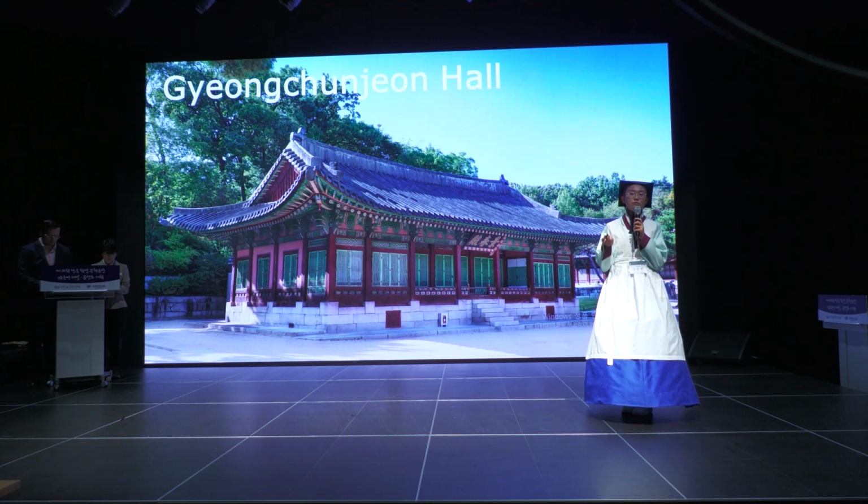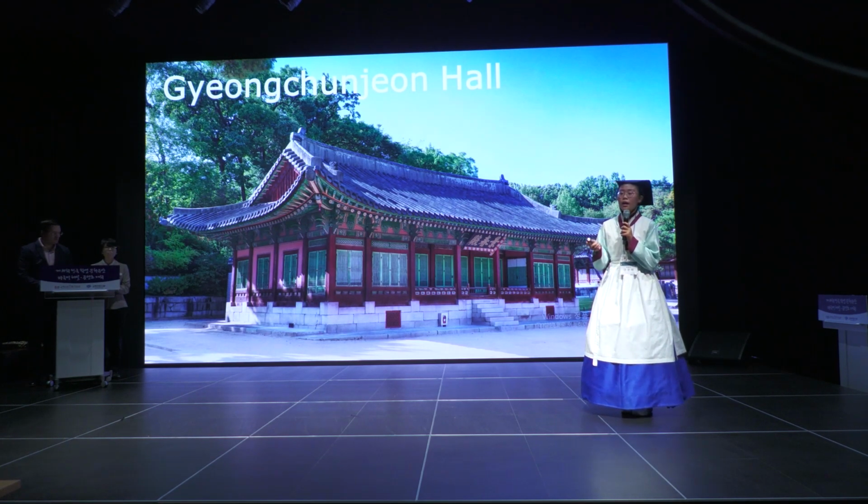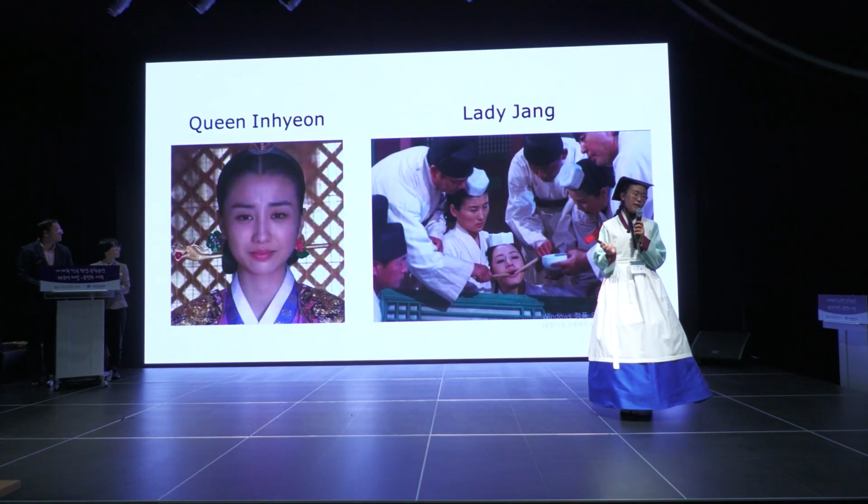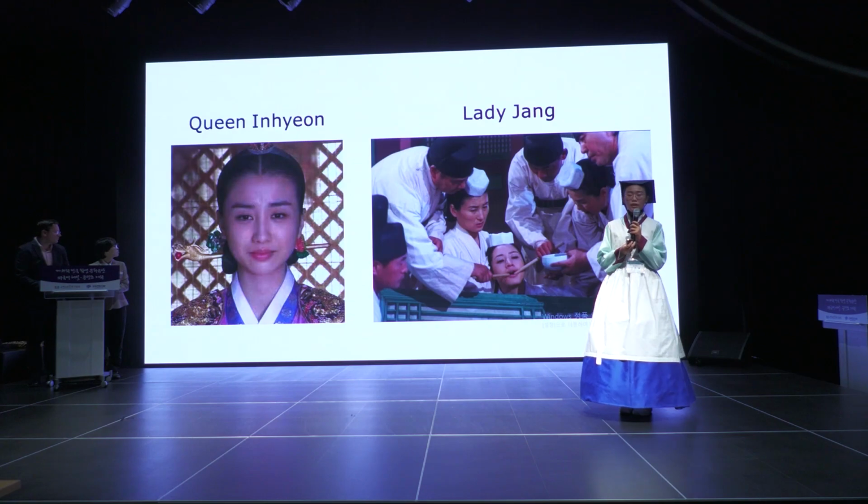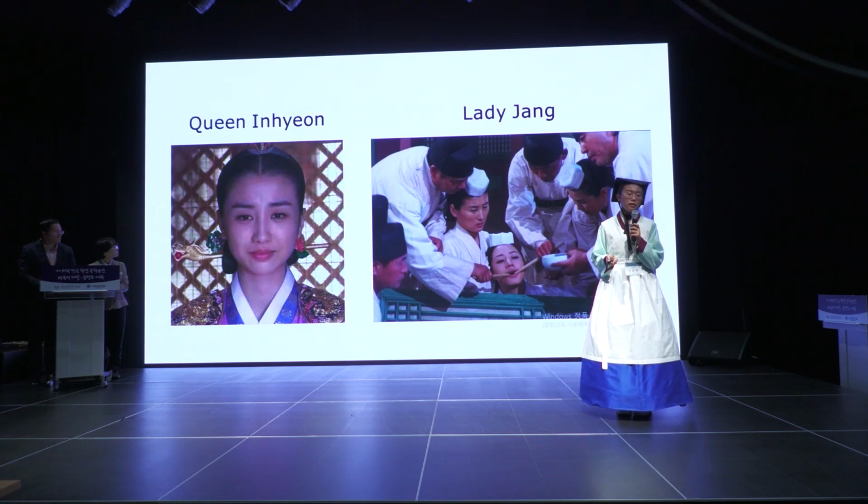So the situation was reversed. And in the end, Queen In-hyun passed away with a disease, but Lady Jang got suspected by the king that she might have cursed Queen In-hyun. And as the evidence was revealed, Lady Jang was ordered to drink deadly poison.